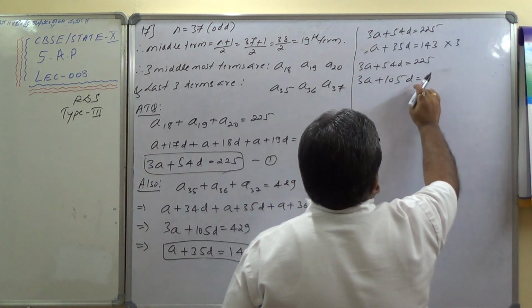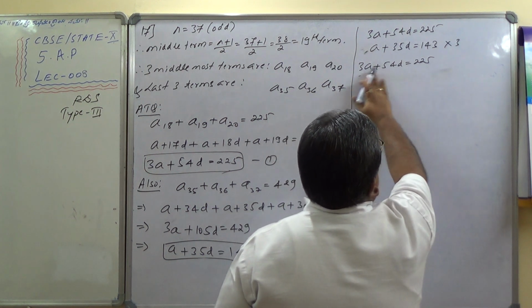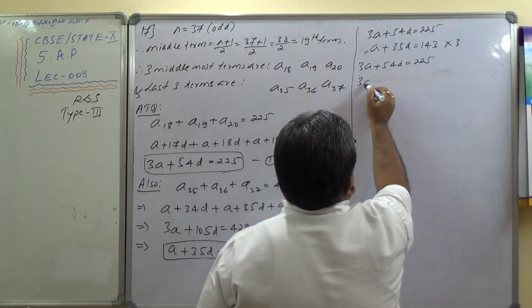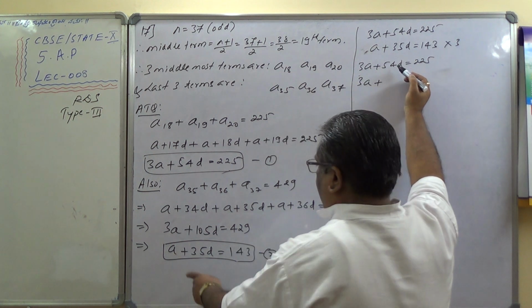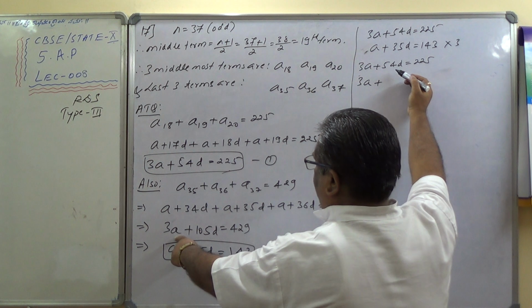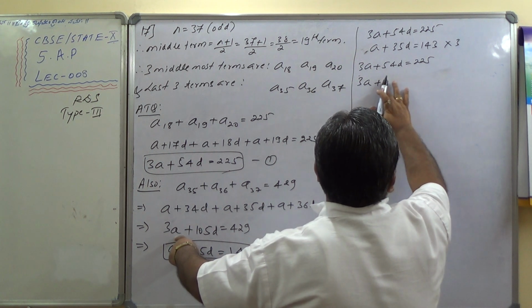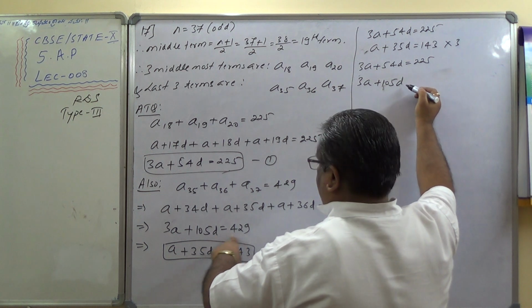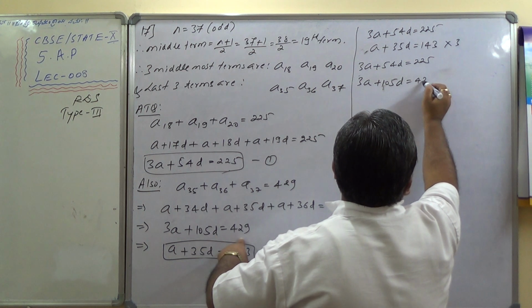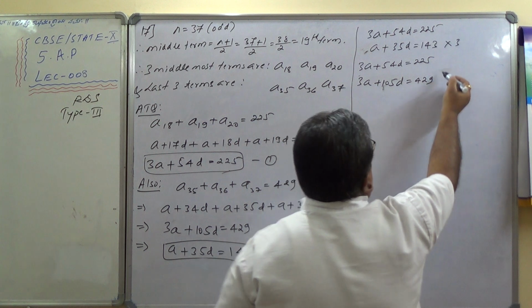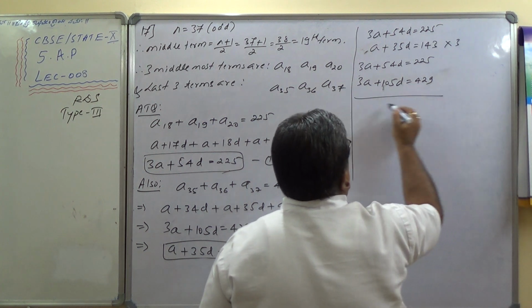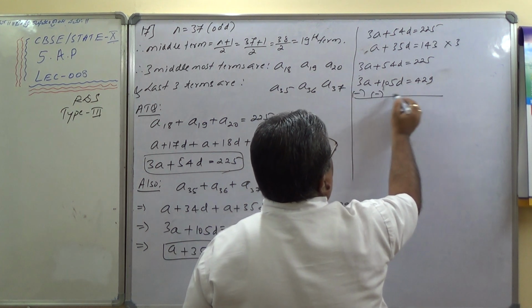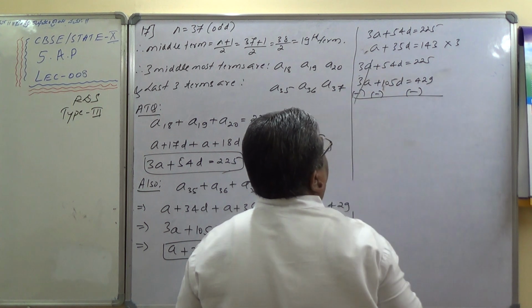Not this. Which one are we doing now? Multiply this one: 3A plus 35 into 3, it is 105D. We could have taken it as it is actually, 429. This would have been much better. It's okay, no problem. Subtraction: minus, this will cancel.